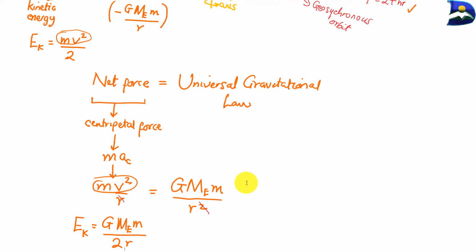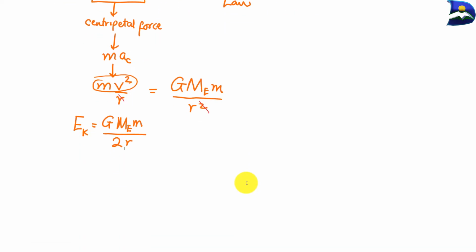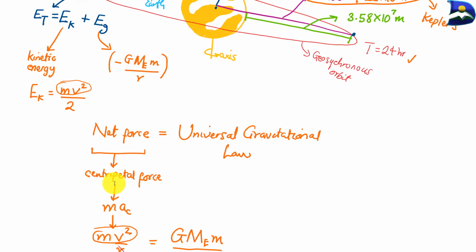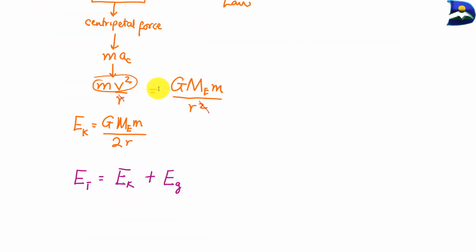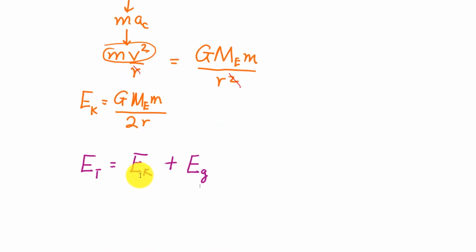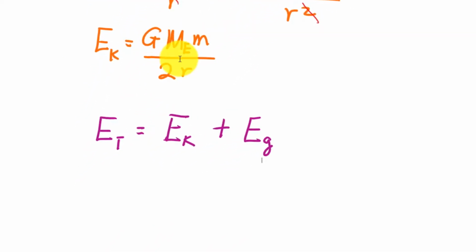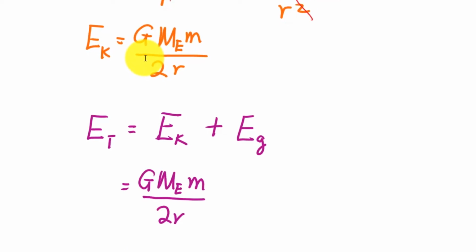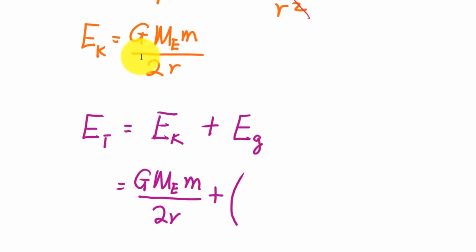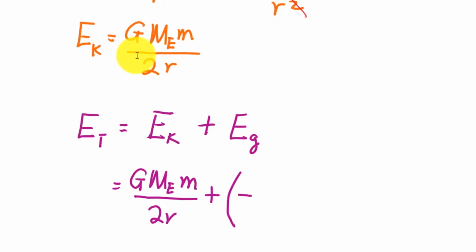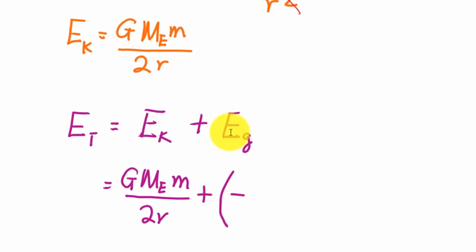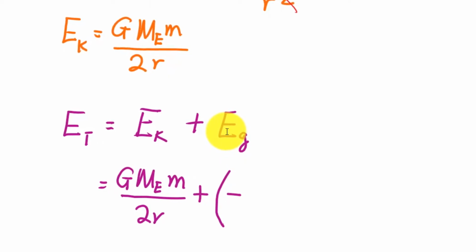Now remember that since we have this achieved, we are then going to introduce this into our equation for E total. We know that this value for kinetic energy is expressed as this, which we're going to put right here, and take note that this is plus, but we have a negative for the potential energy of our satellite at that particular orbit location.